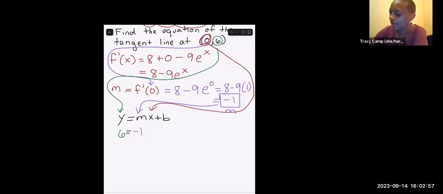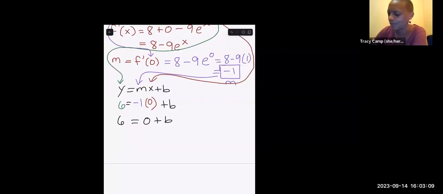So negative 1 times 0 plus b. You see that negative 1 times 0 is 0. So sorry, b is not going to be 0. We end up with 0 plus b on the right side, which gives us b equals 6. So that's how we would get that if we didn't recognize right away that the b was 6.